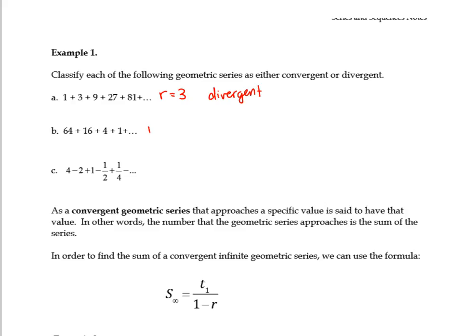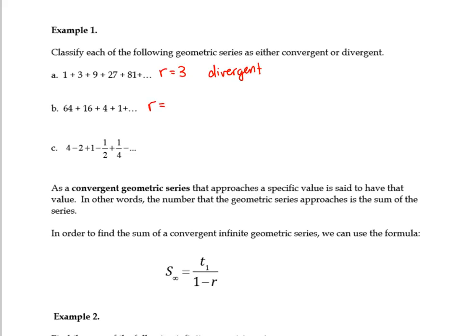Next one, what's the common ratio? Term 2 divided by term 1. Is 16 half of 64? No, it's 1/4. So where does that fall? Convergent.